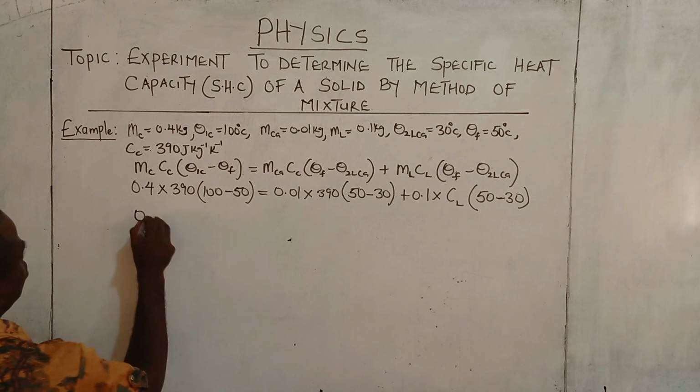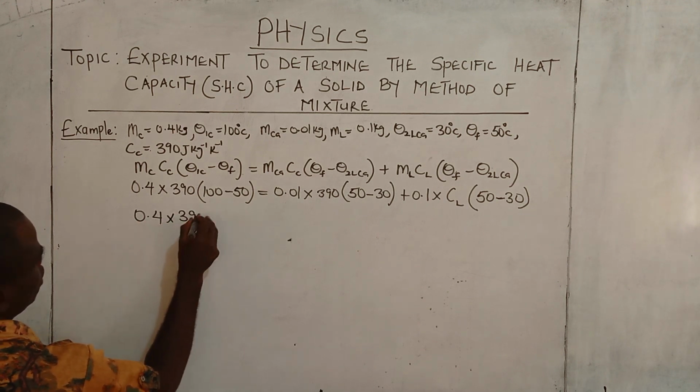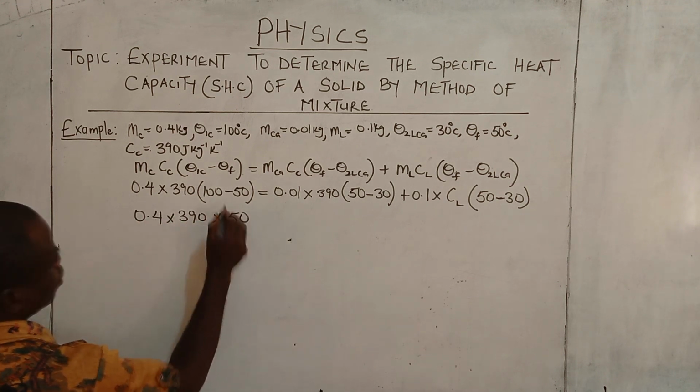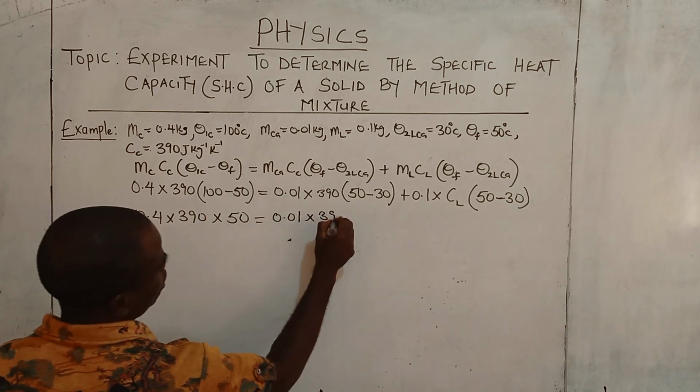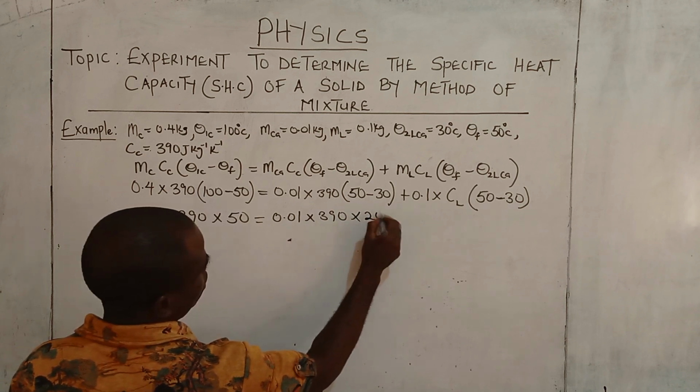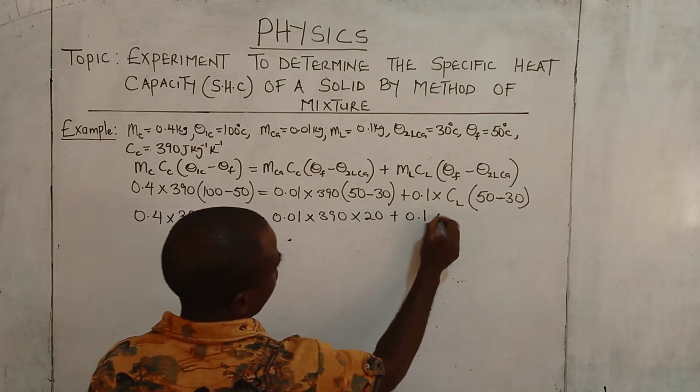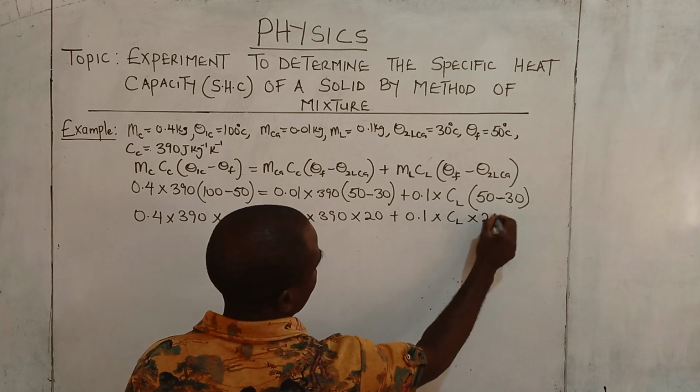Now 0.4 times 390 times 50, after subtraction, equals 0.01 times 390 times 20 plus 0.1 times CL times 20.